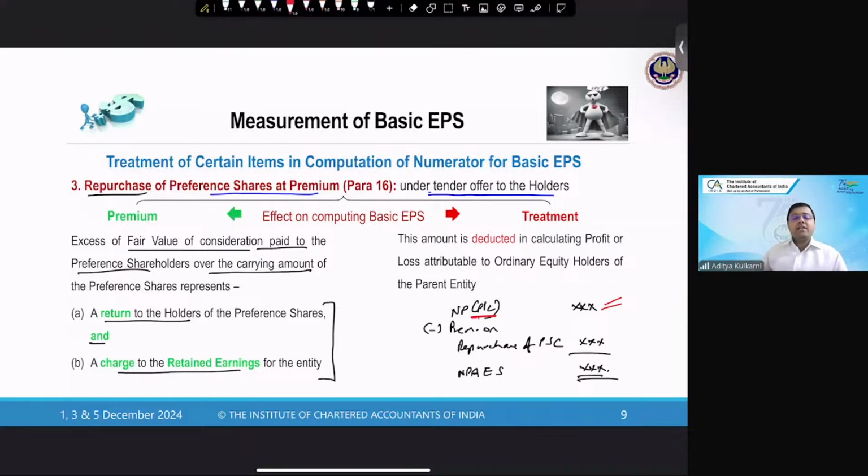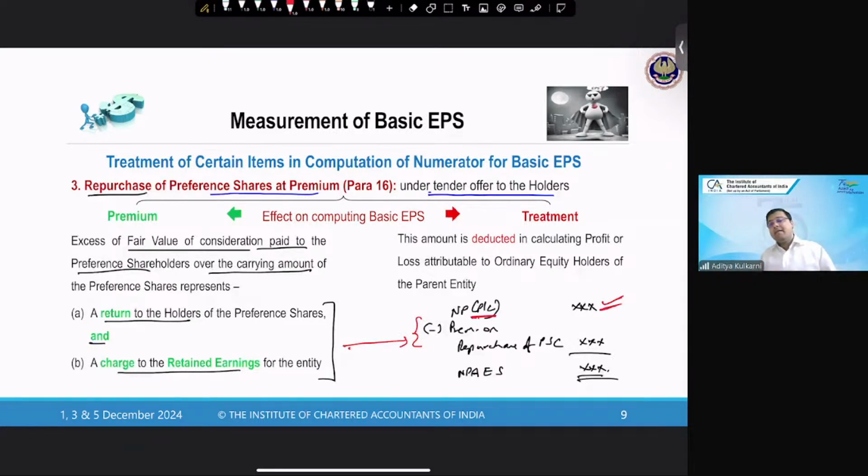So when you are calculating that person's share, it will be nothing but net profit attributable: net profit from the P&L minus any premium that you are paying, which has gone to the retained earnings, to securities premium, or to any other reserve created for this purpose. Because it has gone to reserves, it is directly getting adjusted in equity.